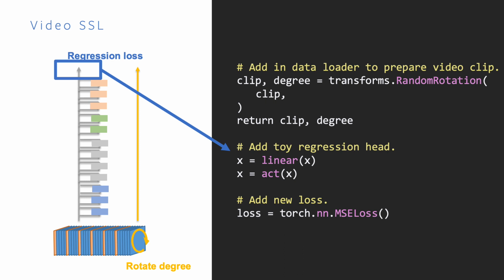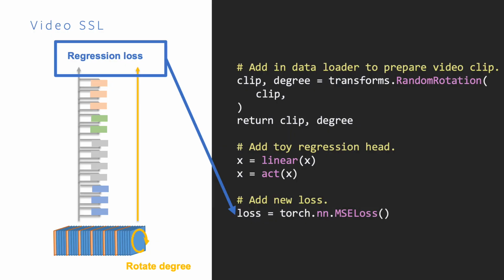Secondly, we need to implement the head for regression to the degree of rotation, for which a simple linear layer with proper activation will be enough. And the last thing we have to do is write a corresponding loss layer for the rotation baseline.